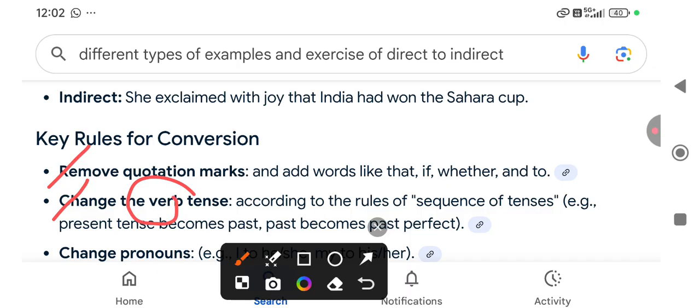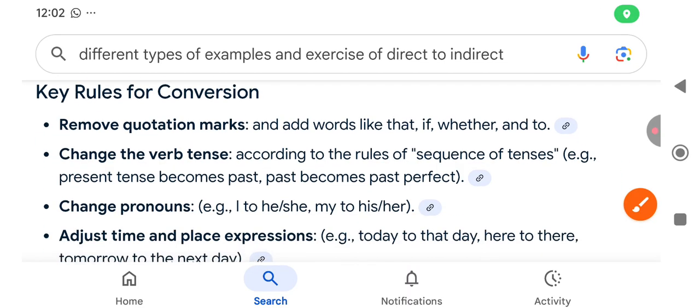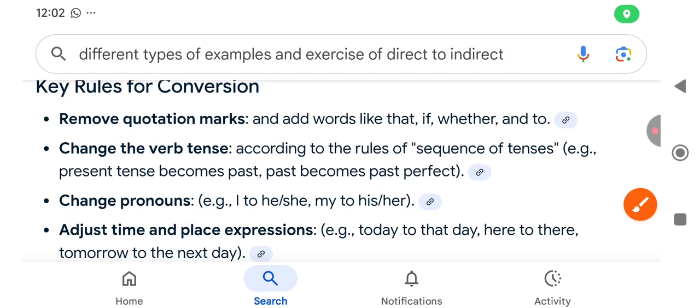If said, then will becomes would, something like this. And then we should use conjunctions. What is common? That, if, and whether. That is common. If is used for questions, especially when the question starts with a helping verb.